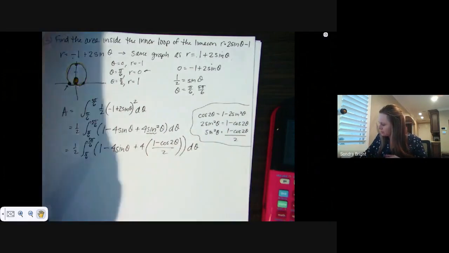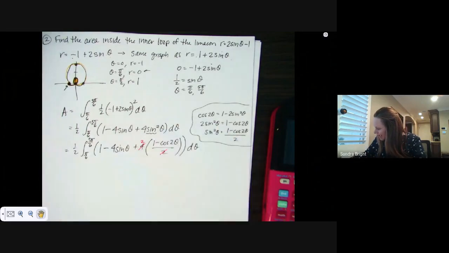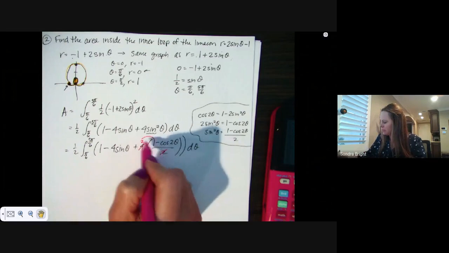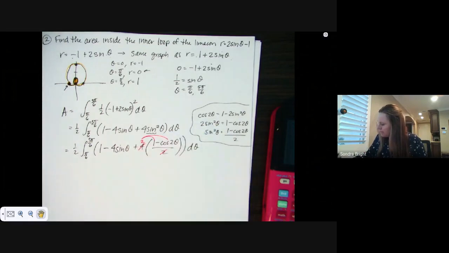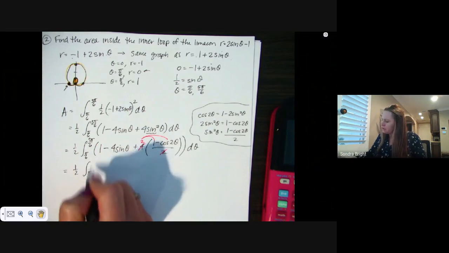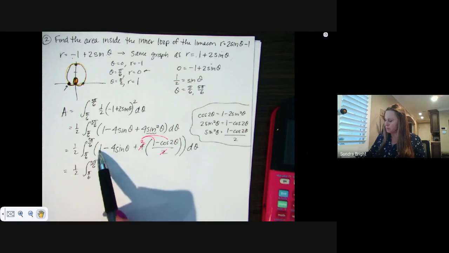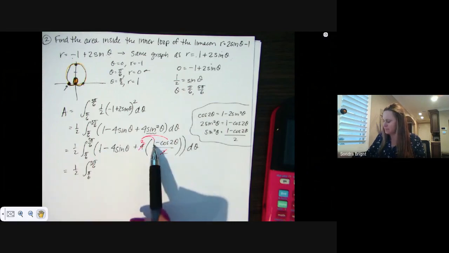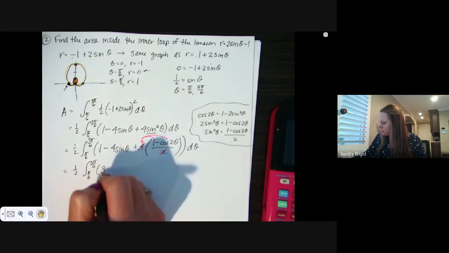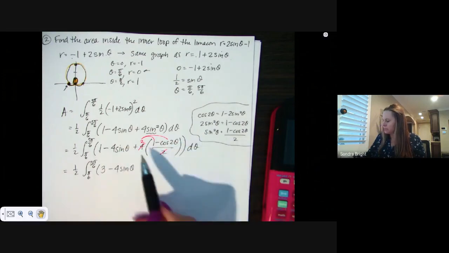This 2 goes into the 4 2 times, and then I need to distribute that 2 to the 1 and to this negative cosine. So I've got a 1/2 out front, still pi over 6 to 5 pi over 6. This will end up giving me a 1 plus a 2 times 1, so my constant ends up being a 3, minus 4 sine of theta, and then a 2 times negative cosine of 2 theta.